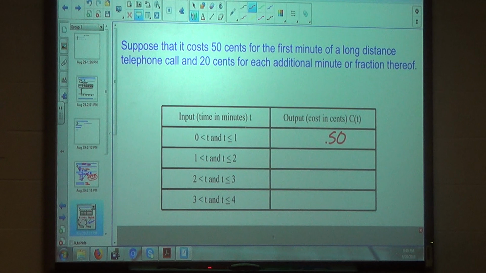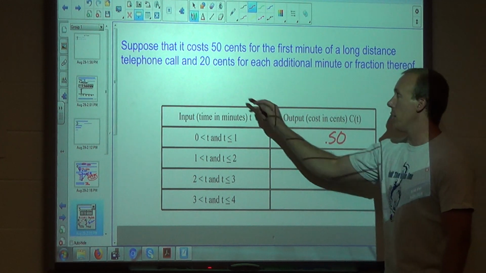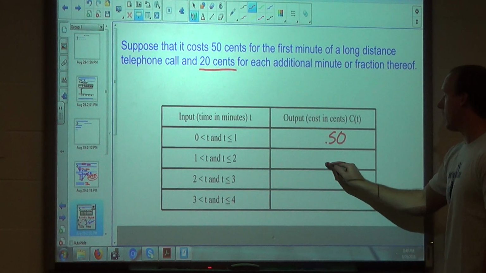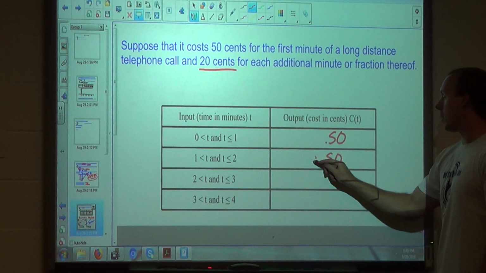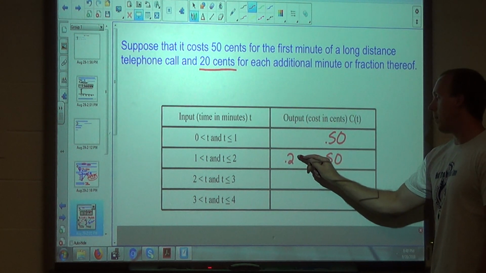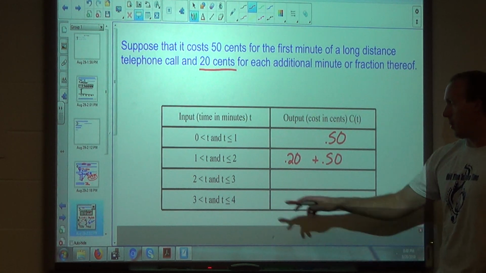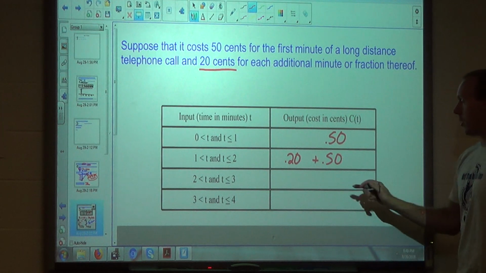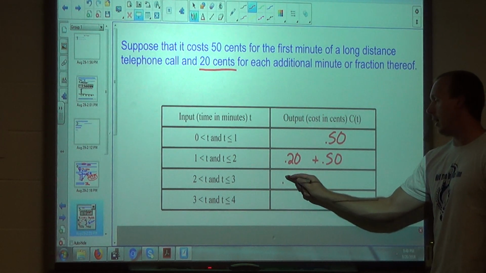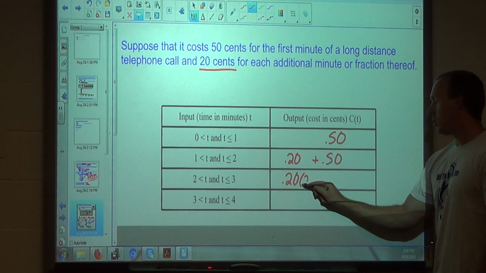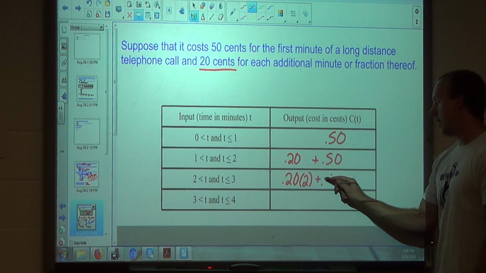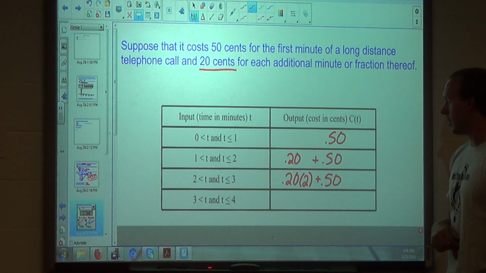Okay, let's talk about in between minute 1 and minute 2. Now I'm adding another minute. Well, every additional minute is now 20 cents. So it'd be 50 cents, the starting point, plus 20 cents. And then between minute 2 and 3, I'm going to add another 20 cents, and I still have to pay the original 50 cents.